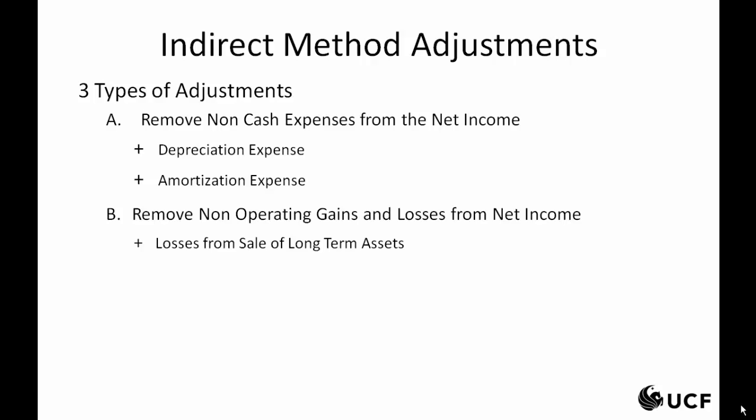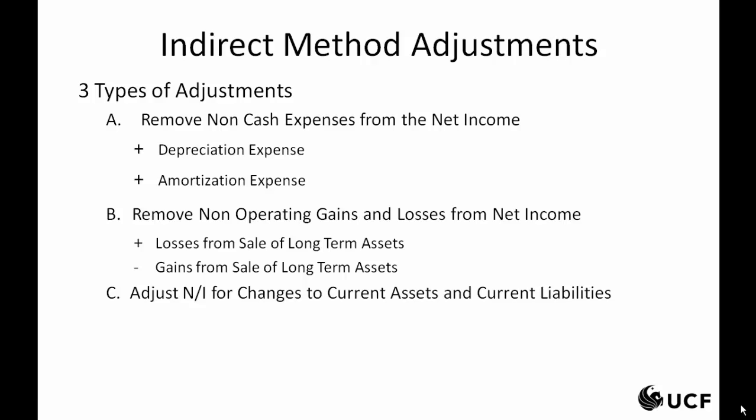So if we want to change net income into the cash provided only from operating activities, then we need to remove the effect of any losses or any gains that came from the sale of long-term assets. Since the losses from the sale of long-term assets, if we had it, would have reduced net income, our adjustment would be to add it back. Likewise, if we had any gains from the sale of long-term assets, to remove their effect, since we added those to get to net income, we would now subtract them in order to remove their effect.